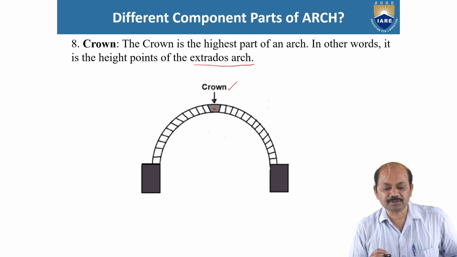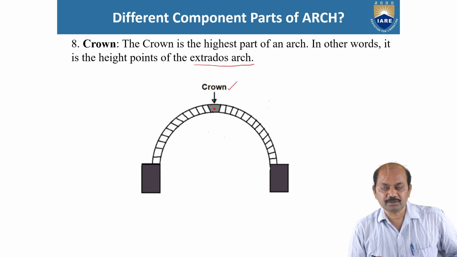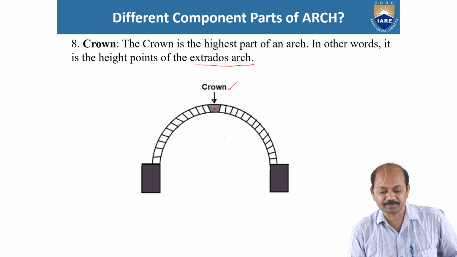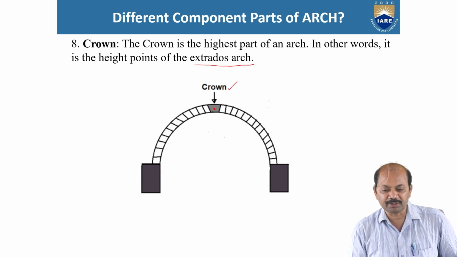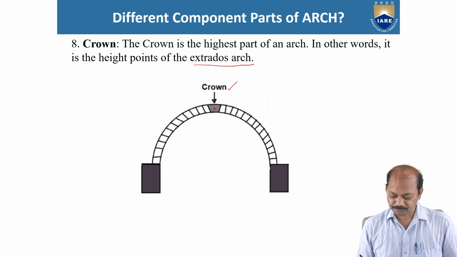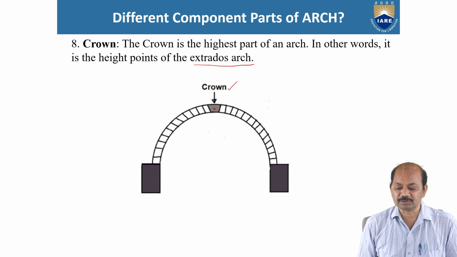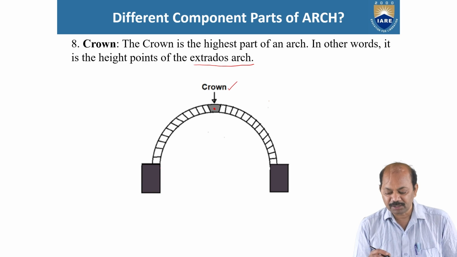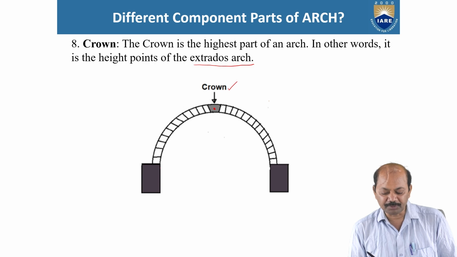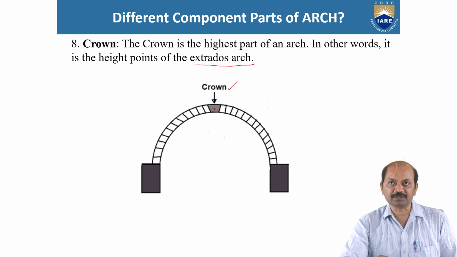Whenever you hear these terms, you should be able to visualize the figures: crown, span of the arch, extrados, intrados, abutments, piers. Immediately you should be able to visualize the figures I am showing here.